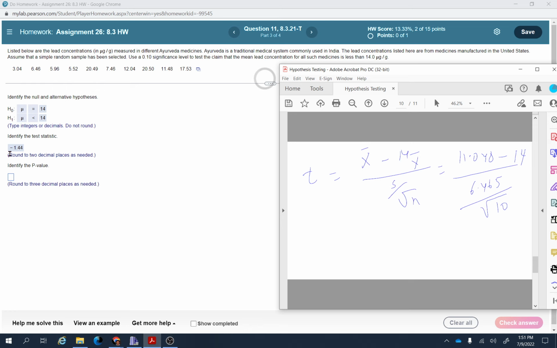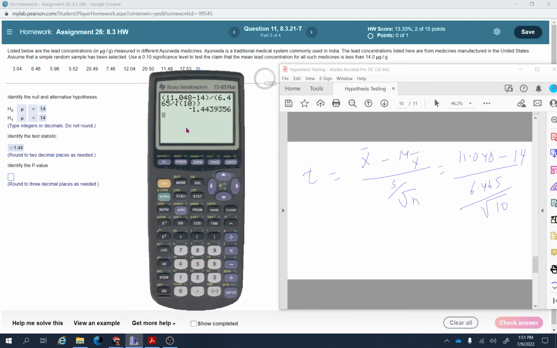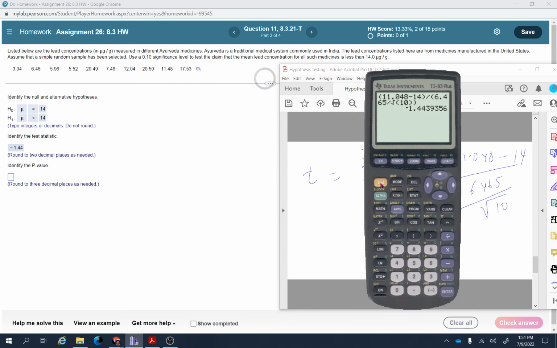By using this t-value, now we need to find the p-value. Again, for finding the p-value, we go to second and then distribution, number 5. Because it's negative, the lower t-value is negative 1 million, that's what we take, with three zeros. The upper t-value is negative 1.44.